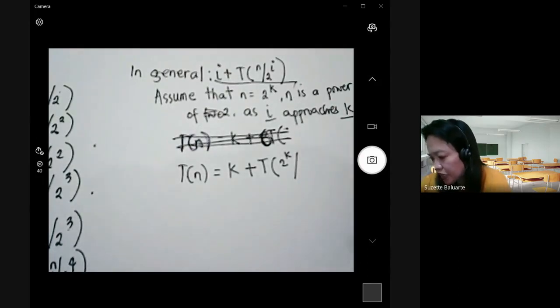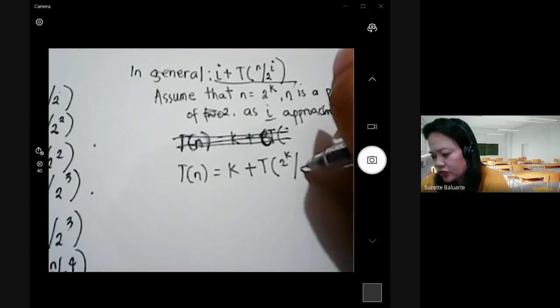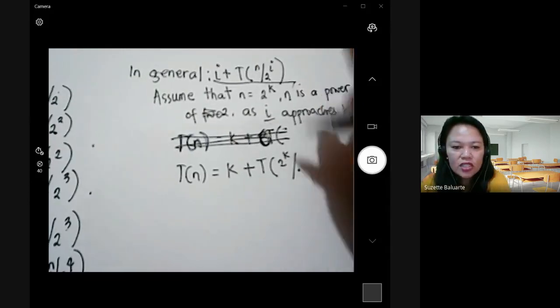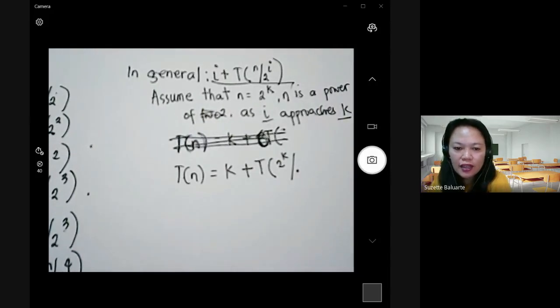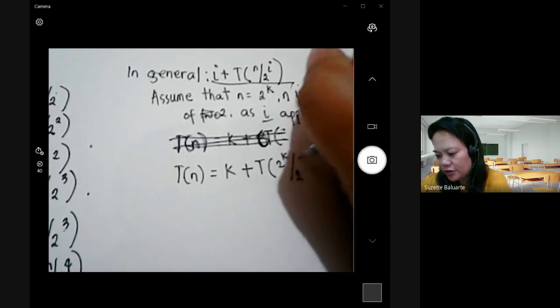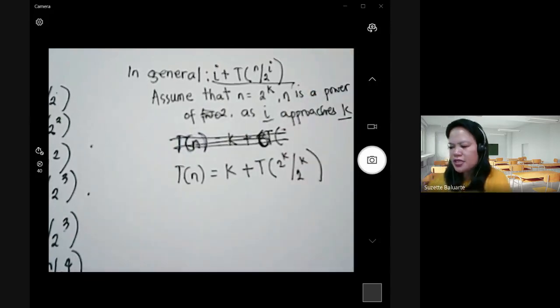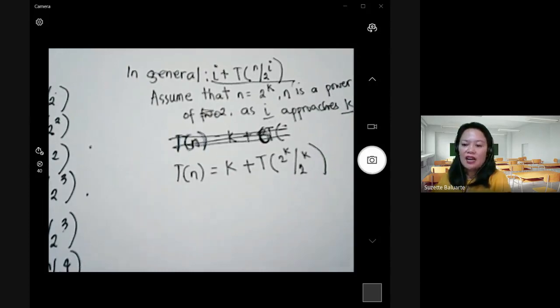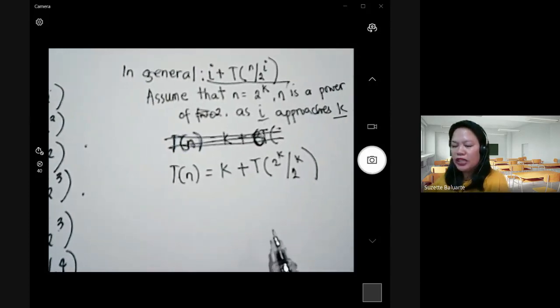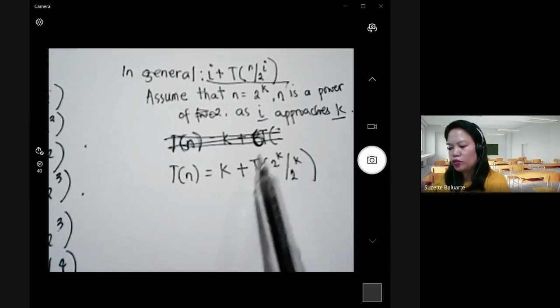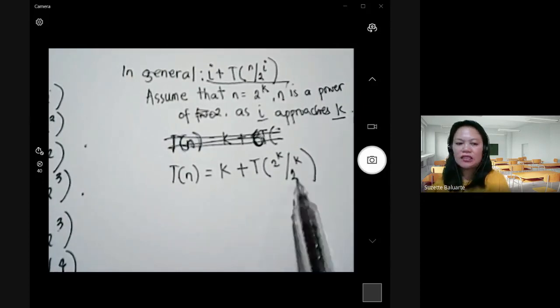Unsa to si I? As I approaches k, 2 to the power of k. So mahimo siyang 2 to the power k. You have to eliminate, and then you try to look for unsa ang iyang T of n afterwards.